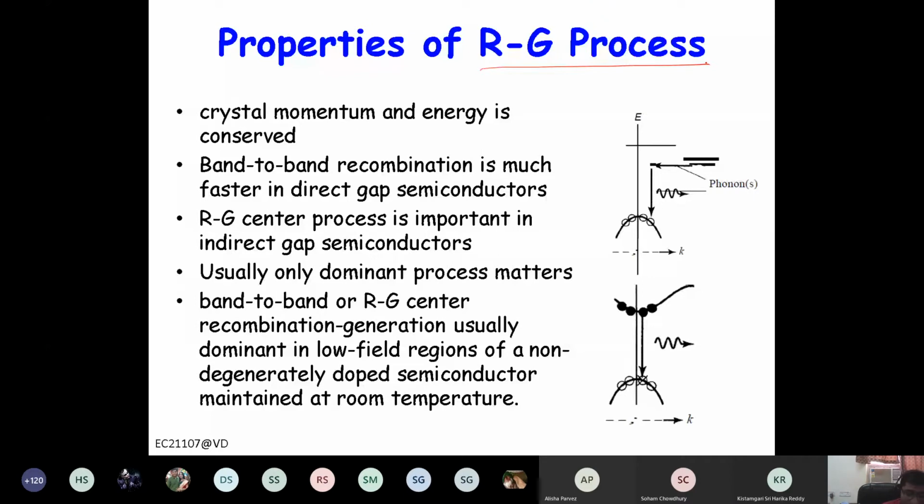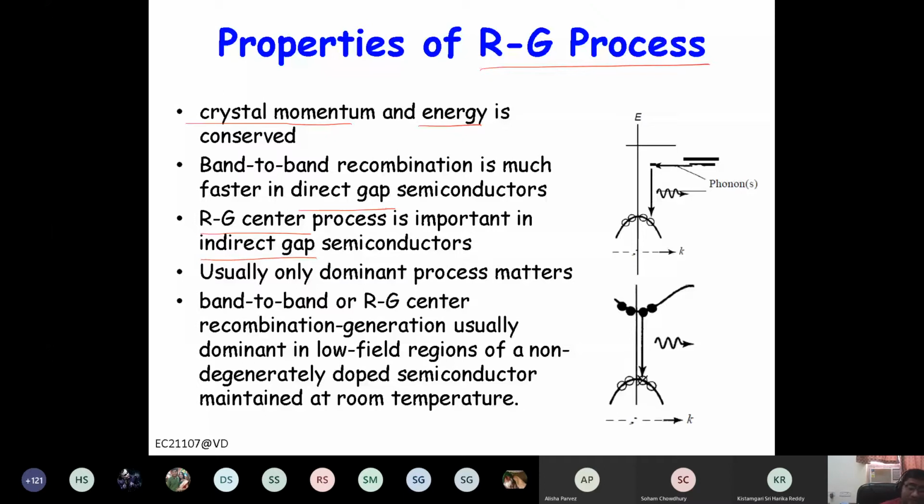If you have band-to-band recombination, that is usually much faster in a direct gap, because you don't need any other particle like a phonon. The electron, hole pair and photon can take care of it. Trap assisted recombination, or recombination generation center based processes, are usually dominant in indirect gap semiconductors.